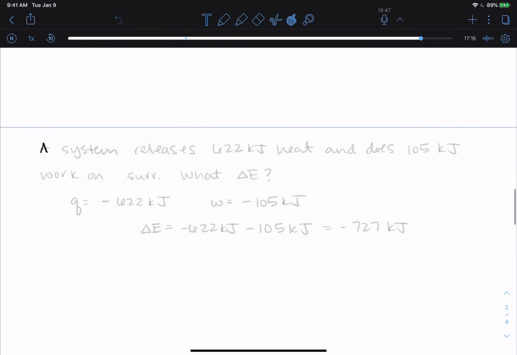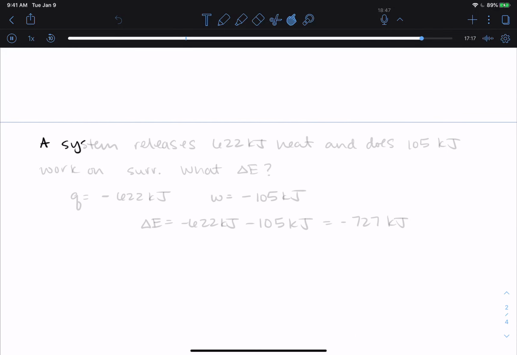And our sample problem says a system releases 622 kilojoules of heat and does 105 kilojoules of work on the surroundings. What is the change in internal energy?